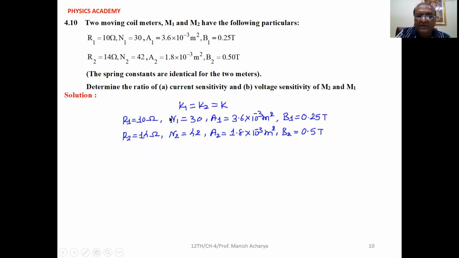Now see, the spring constants K1 that is equal to K2 that is K are given to you, identical one. Then for both the meters, resistance, total number of turns, area, and the magnetic field in which the coil is placed, that is given to you.